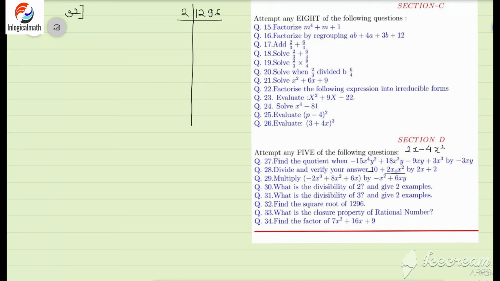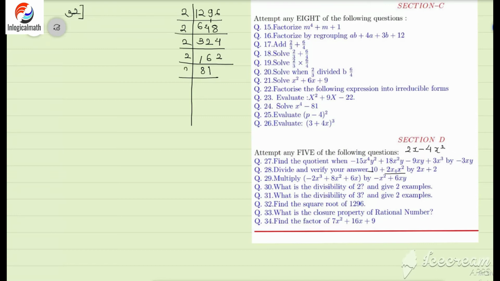So 2 sixes are 12, 2 fours are 8, 1 remains. 2 eights are 16. 2 sixes are 12, 2 eights are 16, 2 twos are... Now 81 is not divisible by 2 because the unit place does not have 0, 2, 4, 6, 8.